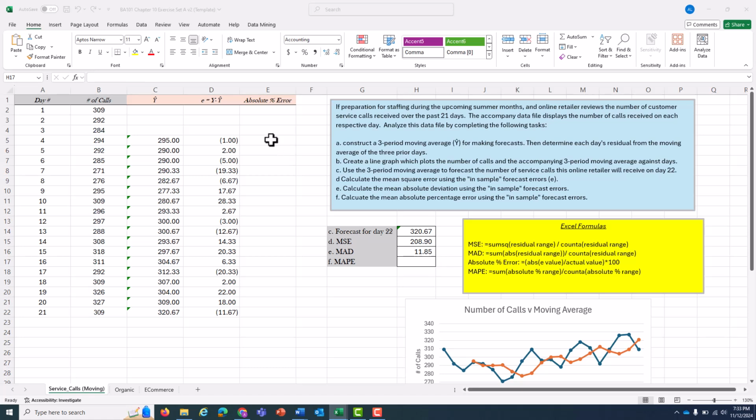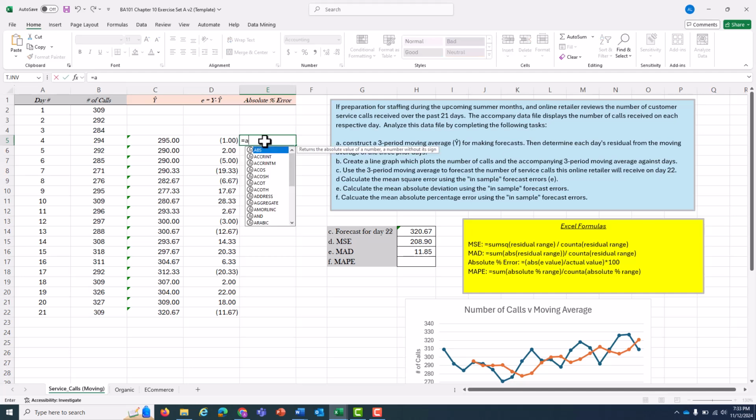So over here, for cell E5, this is equal to the absolute value of the residual that we had for that particular day, which was -1, close the parenthesis, divided by the actual value we had for that day, which was 294, close that parenthesis, and then multiply it by 100 to express it as a percentage.